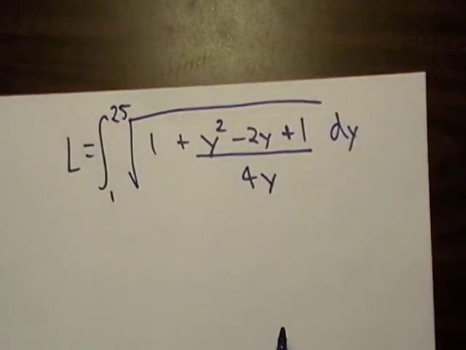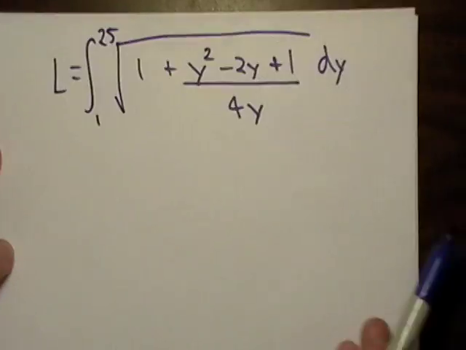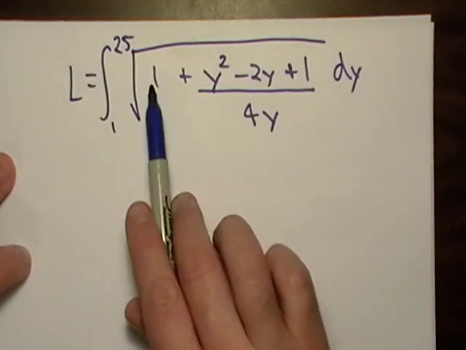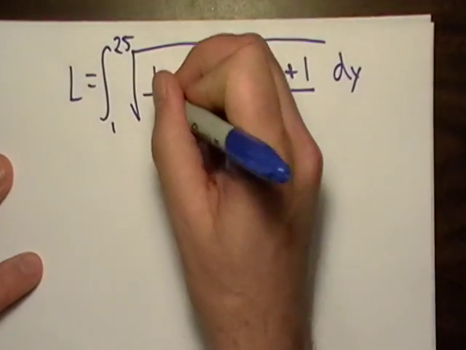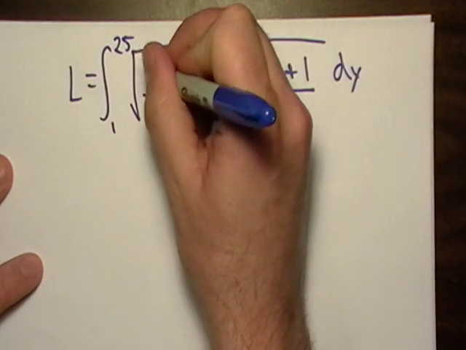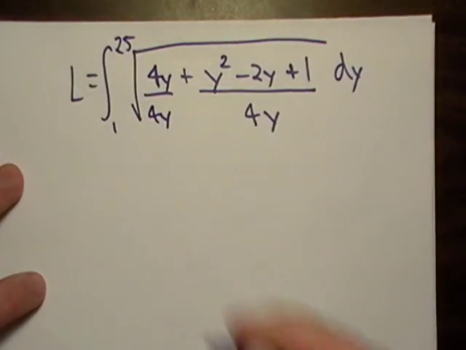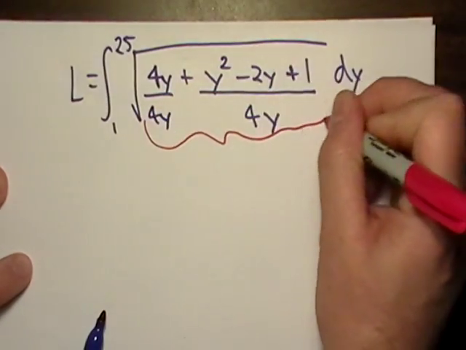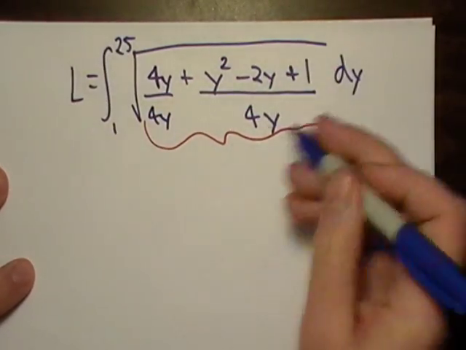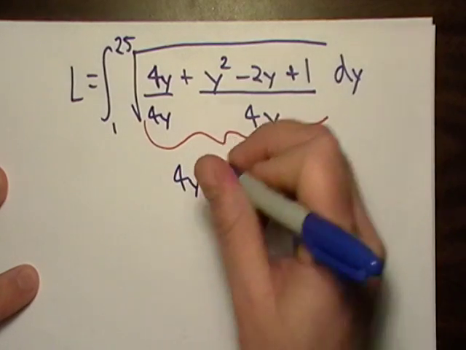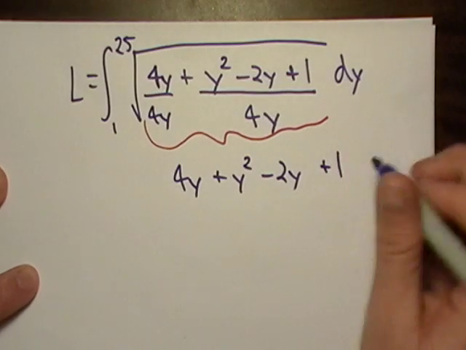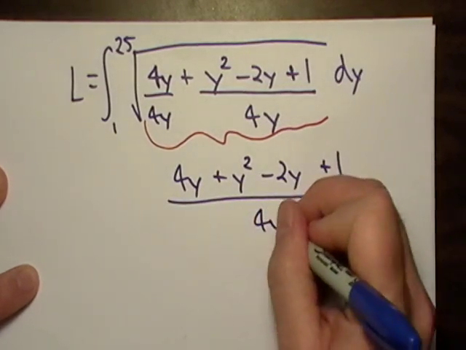Let me see here. What I'm going to do is see if we can combine this 1 in here somehow, and I think the best way to do that is to call it 4y over 4y. Let's not pay attention to the radical for now. Let's just look at the inside of this thing. This is going to be 4y plus y squared minus 2y plus 1 over 4y, isn't it?